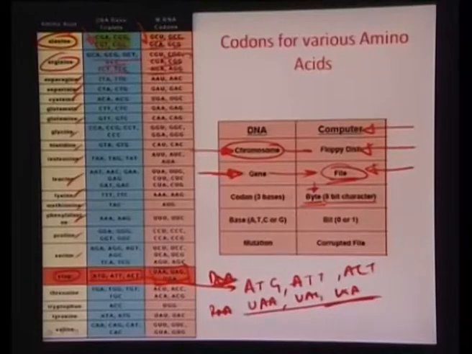Correspondingly, if you look into a gene, it is the codon of 3 base pairs on the mRNA which carries the same kind of information as a byte, which correlates to a file.